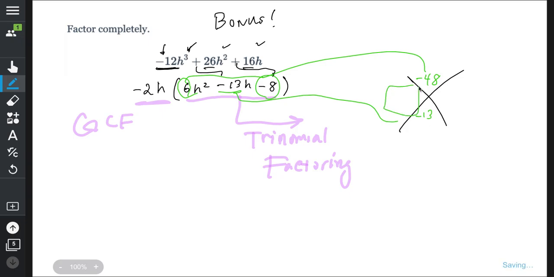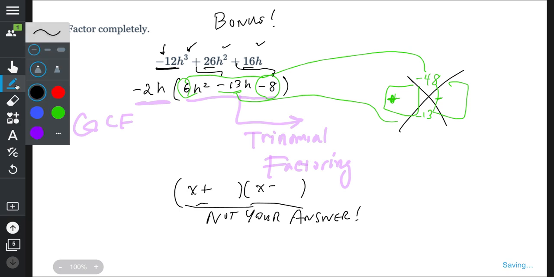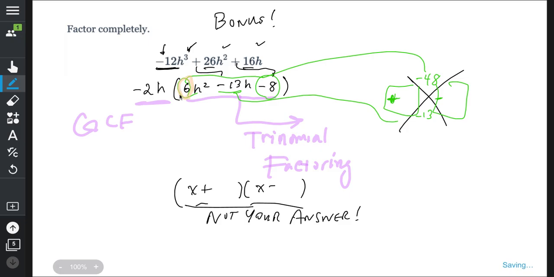And after you figure out that game, they're going to be different signs. You're going to have two binomials. But this is not your answer. What you're going to have to do is take this 6 here. Okay, this is causing problems for you.